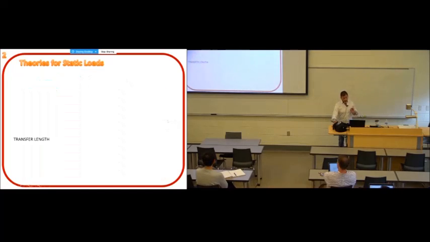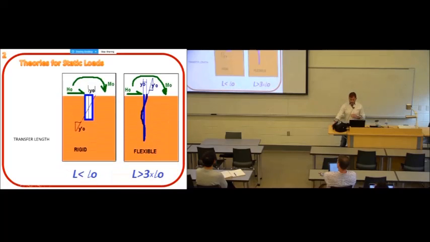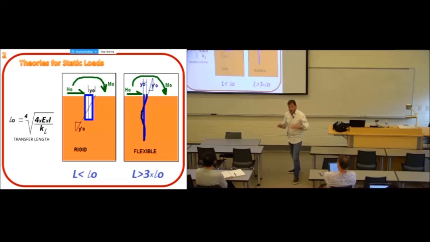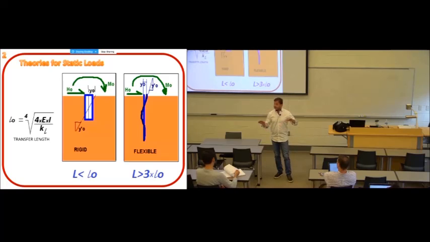So today we're going to concentrate on laterally loaded piles. And probably, from what I heard from Dr. Ballouz, you already covered the two theories for flexible piles and rigid piles. Did you do that in classroom? Yeah?